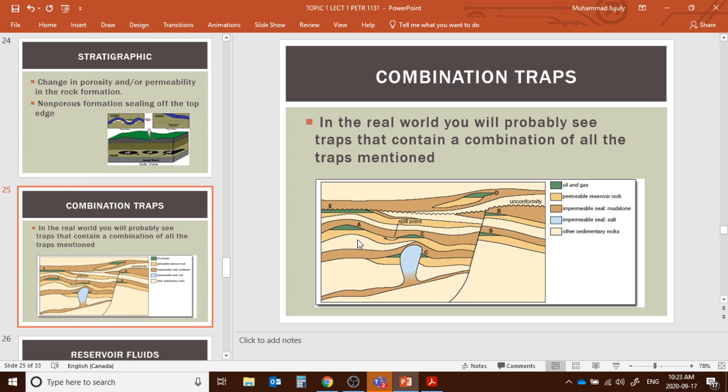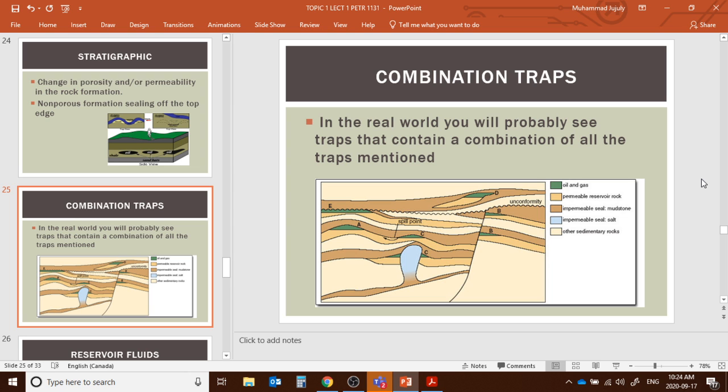And there will be a combination also, it's not always only structural traps or only stratigraphic traps. In any reservoir area, there will be different combinations of traps. As you can see, these are stratigraphic traps, these are structural traps: anticlines, salt dome, faults, and stratigraphic.